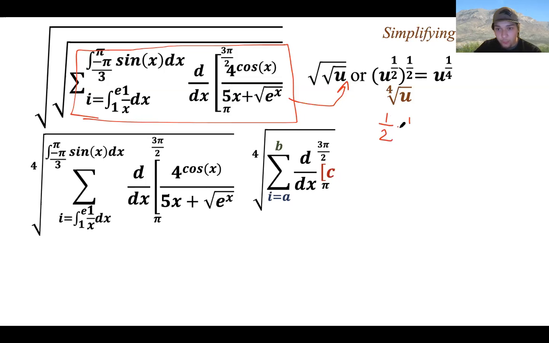So that's just 1/2 times 1/2, which is 1/4. So that should be u to the 1/4, and you can rewrite that as the 4th root of u. Now we're going to plug everything back in for u. So we have the 4th root, we still have a mess, and I'm going to show you what we can do to make this a little simpler.